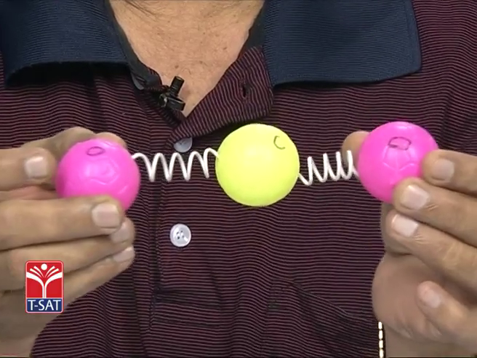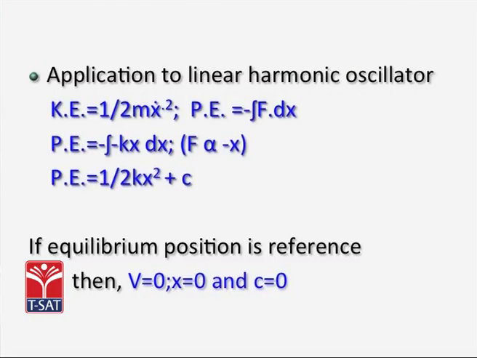The kinetic energy of this system is half m x dot square, where x dot is the variation of the distance x along the x axis with time. Potential energy is given as minus integral F dot dx.